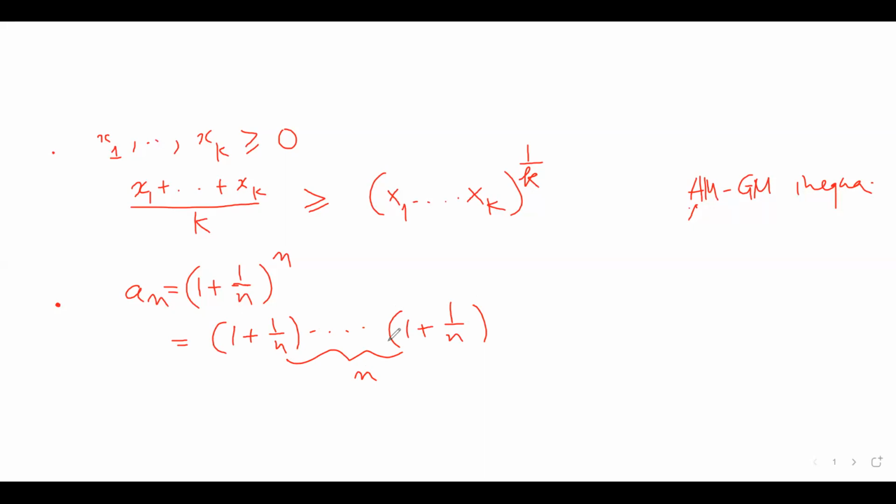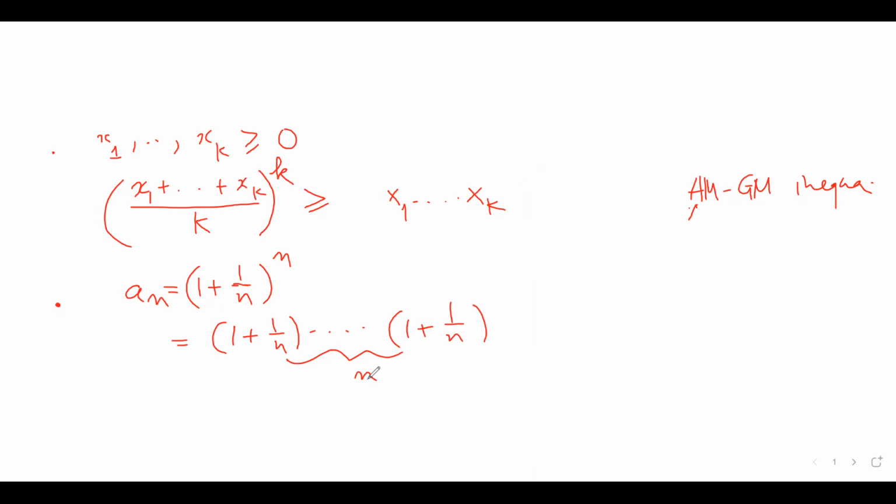Let me rewrite this in a different way so that we can apply it quicker. Let's raise everything to power k. Then this inequality becomes this. So these are equivalent ways of writing the AM-GM inequality.